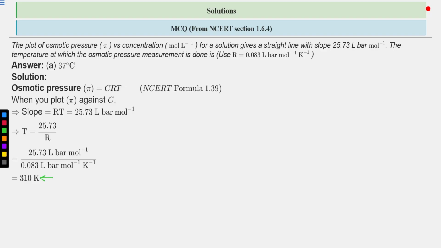You have to solve the paper very quickly, you have less time, so you just mark that 310 degrees Celsius as the correct answer, but that will be wrong. So try to focus on the unit of the options given and the unit your answer is coming in.